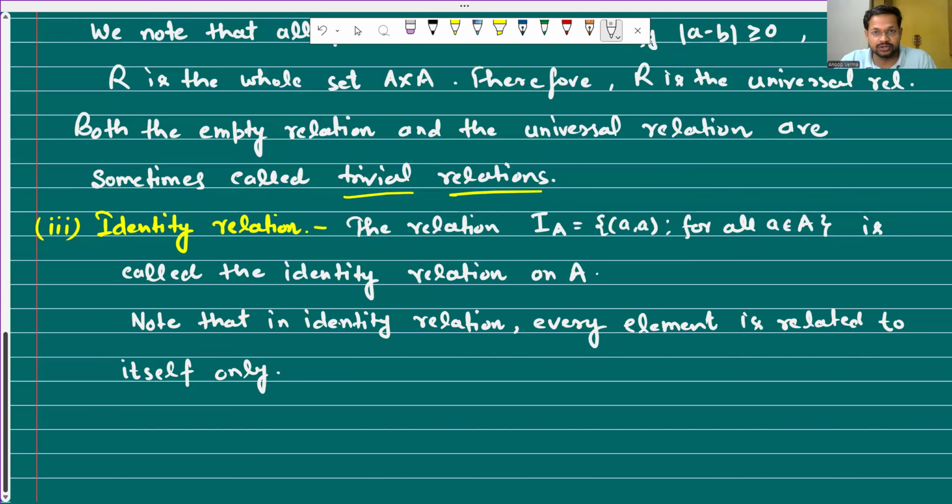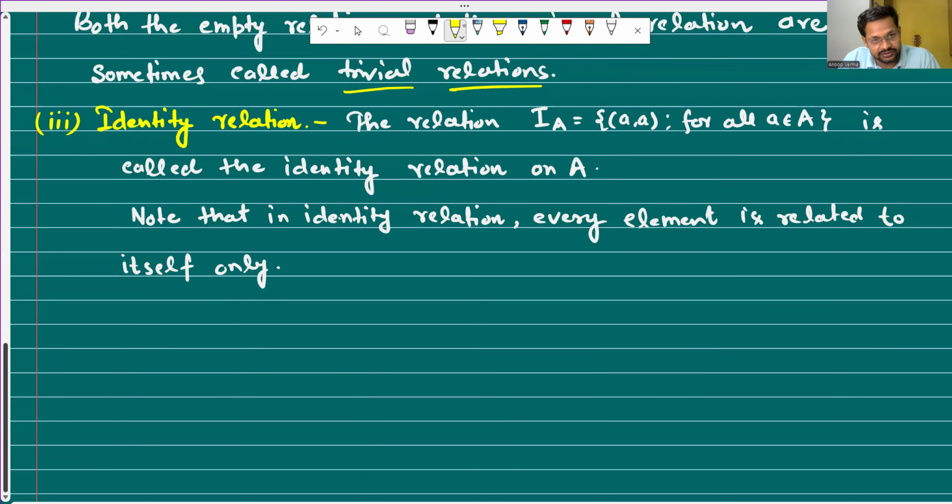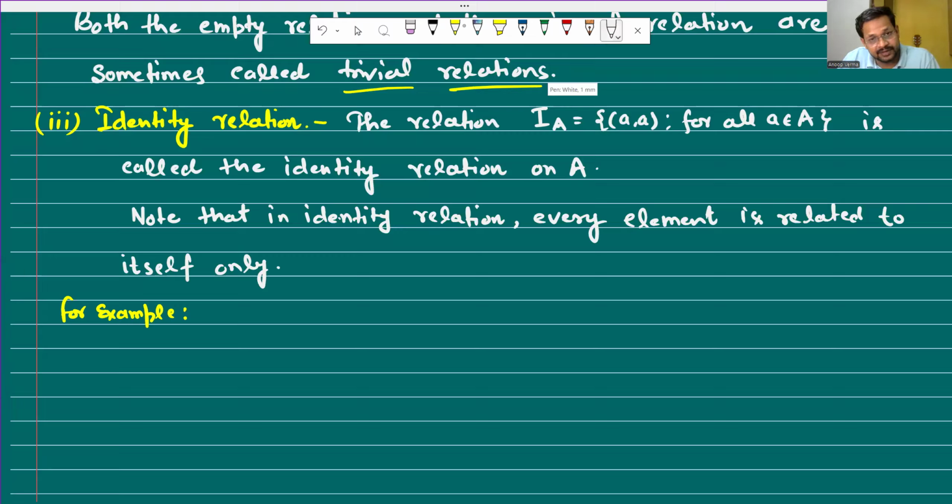Okay, so if you are writing an example for it, you can easily see it. For example, if you take A as {1, 2, 3}, there are only three elements.